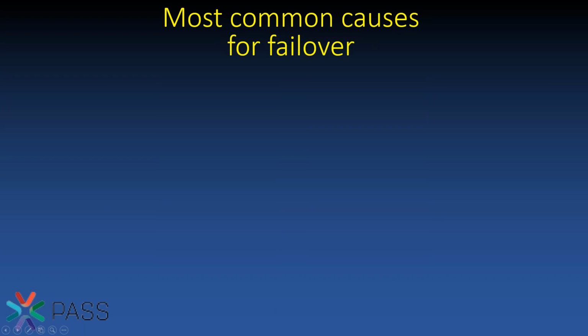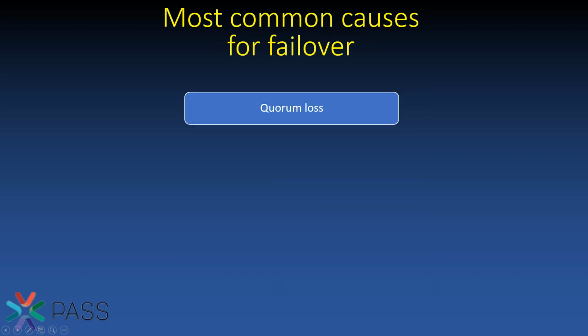We'll take them. So the most common causes for failover, and I've put this together after having done literally thousands of cases of always-on calls coming into Microsoft. I kind of accumulated and did some metrics.